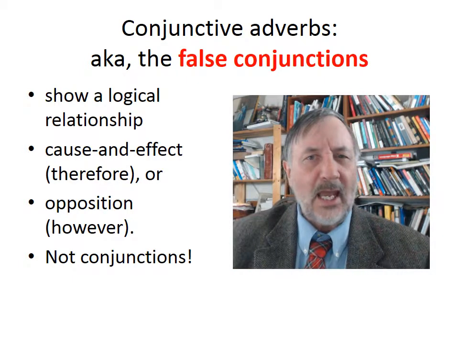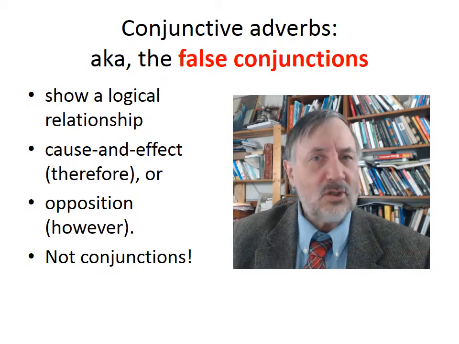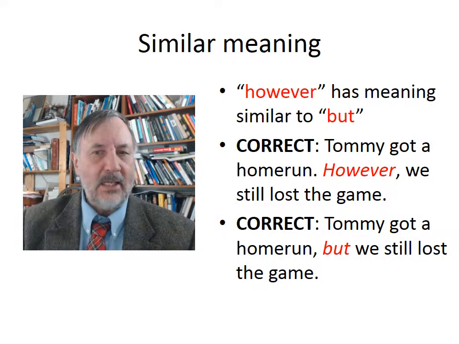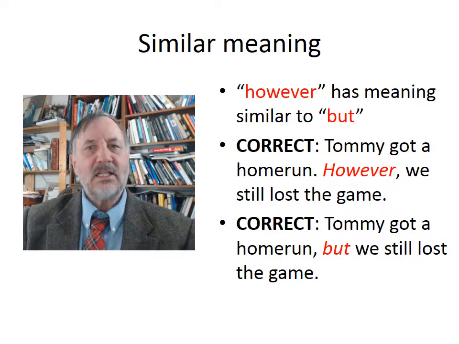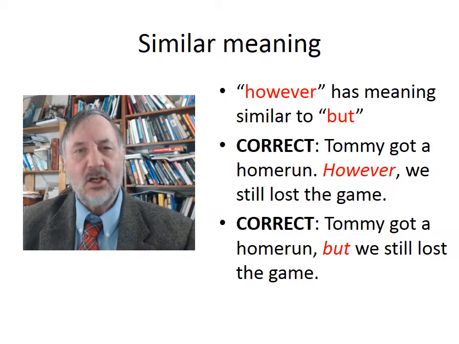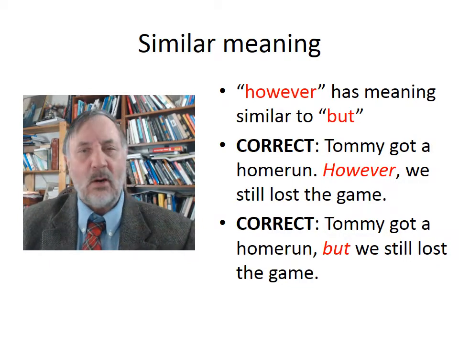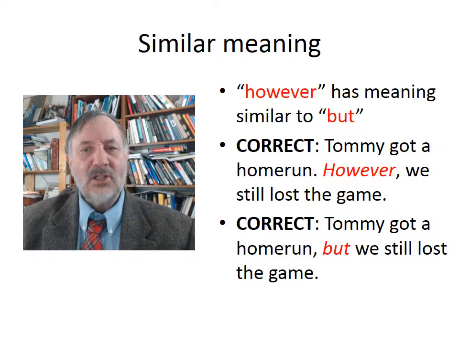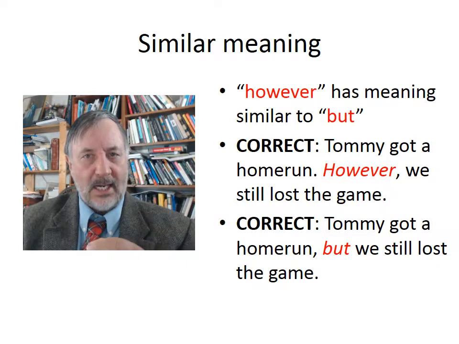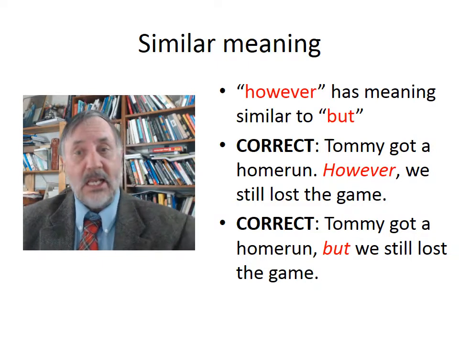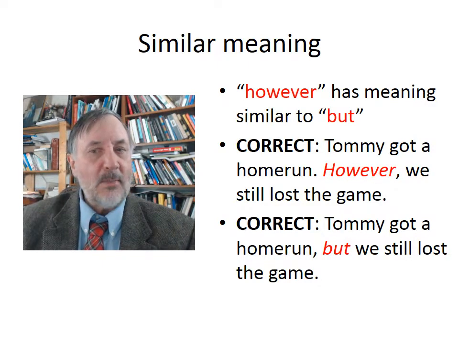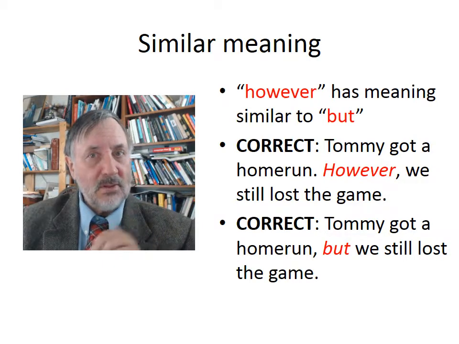We'll take a look at how it is that they are so and how we should use them. So the false conjunctions have a meaning that's similar to the true conjunctions. Take a look at the word however, which is one of the false conjunctions, one of the conjunctive adverbs. In the example that I have over here, the correct example would be Tommy got a home run, period, full stop.